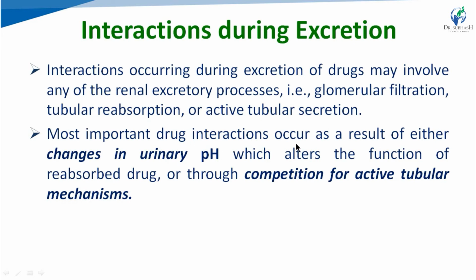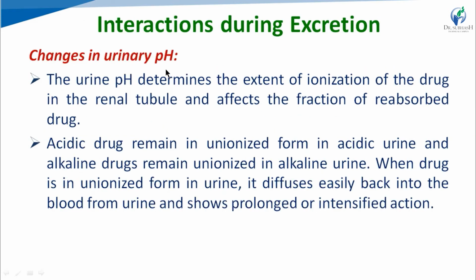The most important drug interactions occur as a result of either a change in urinary pH, which alters the function of the reabsorbed drug, or through competition for the active tubular mechanism. देखिए यहाँ पे excretion में अगर हम कंसीडर करें कोई ड्रग इंटरैक्शन हो रहा है तो मेनली there might be due to the changes in the urinary pH. Urinary pH अगर change हो रही है, then in that condition there is a chance of interaction, and another one is the competition for the active tubular mechanism.